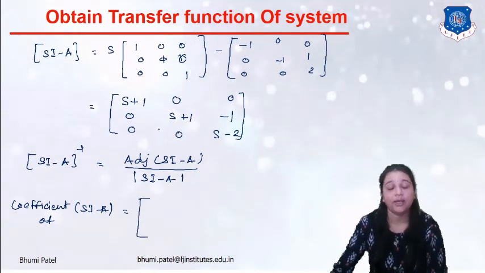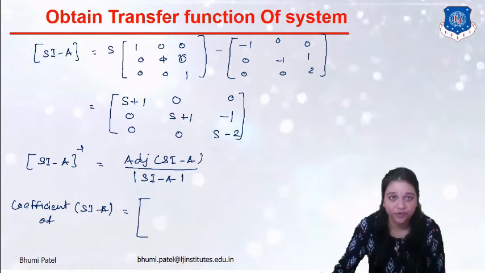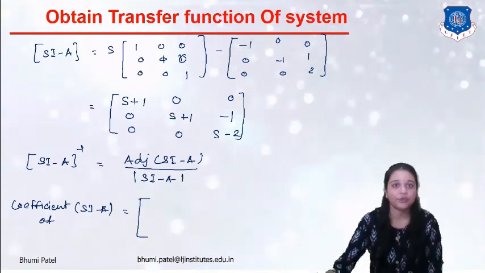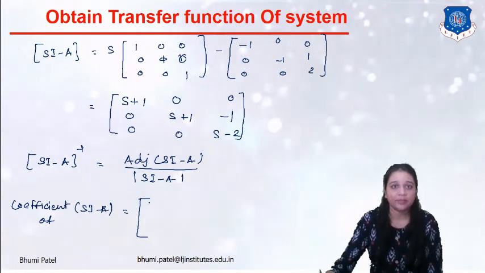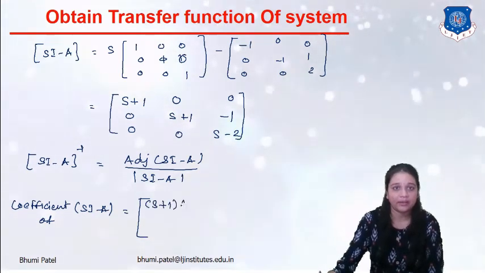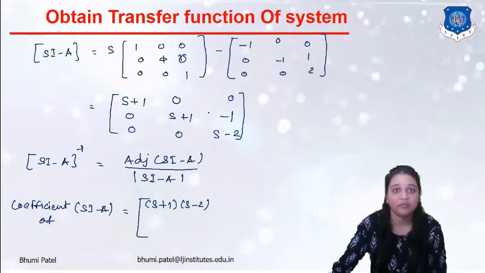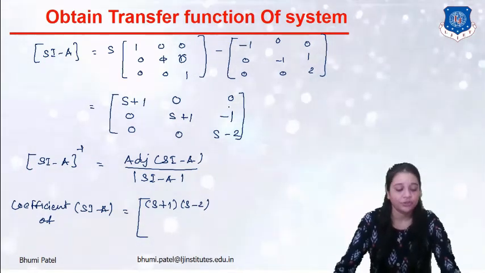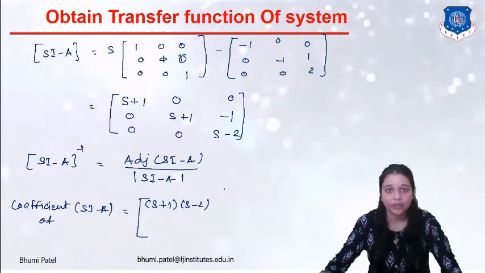So here we cannot consider the first row and first column, and then we have to multiply these two, so we can get (S plus 1)(S minus 1). Now for the next term we have not considered the second column and the first row, so we can get the value of 0.